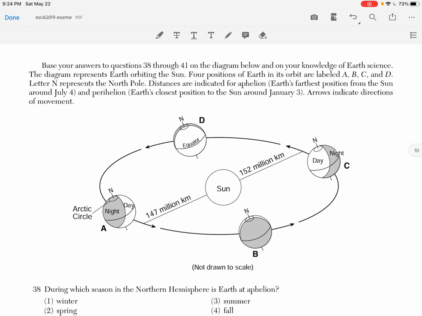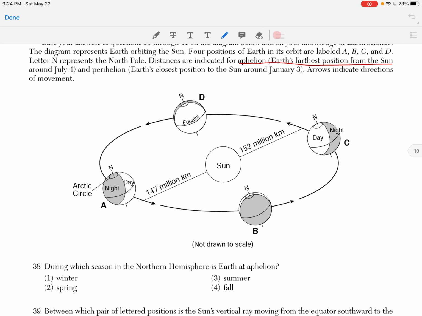All right, questions 38 through 41. I'll start with number 38. It's a great idea here to read this paragraph because it gives you some information that's important to the next question. So as it says here, aphelion is Earth's farthest position from the sun. And that's important because the next question says, what season in the northern hemisphere is that? Well, it actually tells you right in the question, that's around July 4th.